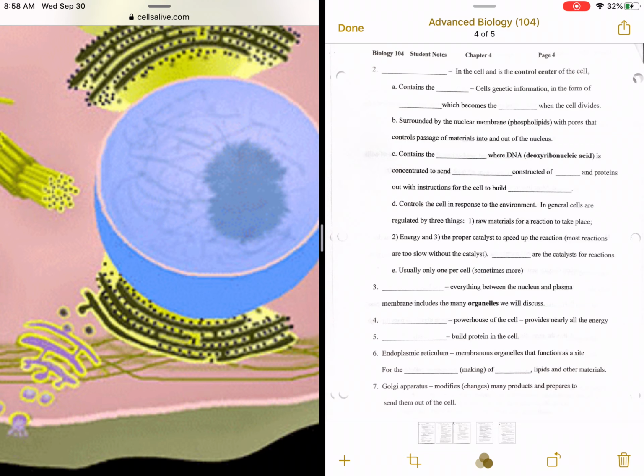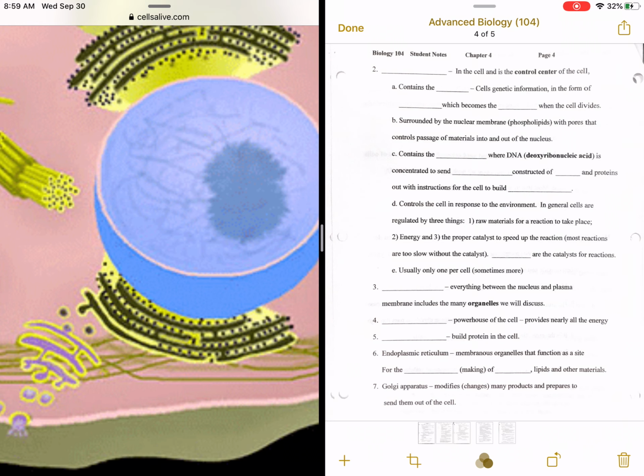So they don't just make proteins, even though that's the main one that we discuss usually in class. The Golgi apparatus will then modify or change many of the products and prepares to send them out for the cell. In the video, what's actually happening is the motor protein is carrying a package of proteins that were done from the endoplasmic reticulum and need to go to the Golgi apparatus for further modifications.